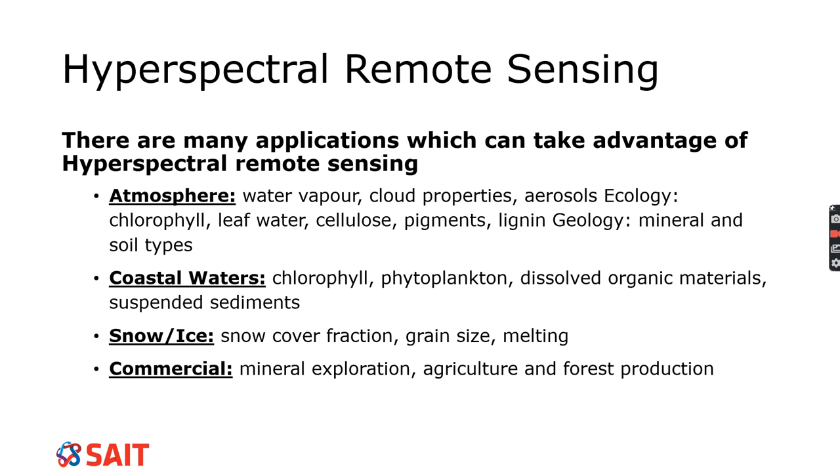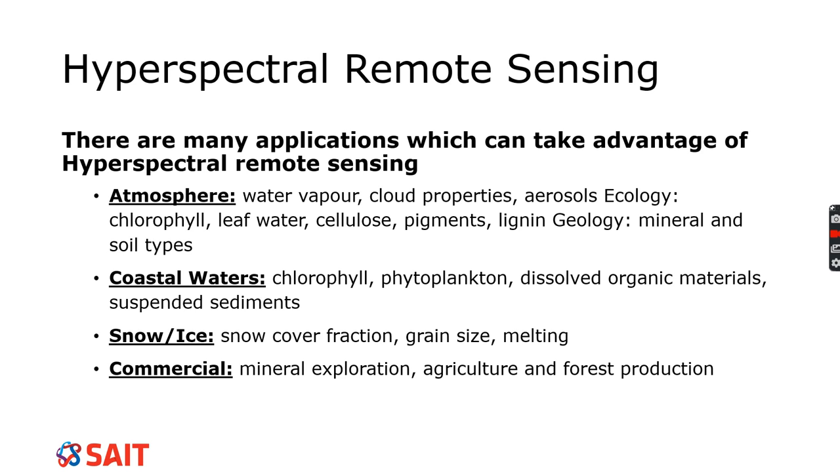Ecology, so we can look at chlorophyll count, leaf water, cellulose, pigments, lignin. You do measurements with that, like from a distance. Then we can get in geology, which like looking at mineral and soil types. Coastal waters, we can look at chlorophyll as well because of the algae, phytoplankton, different organic materials, suspended sediments, so lots of stuff we can do with water.